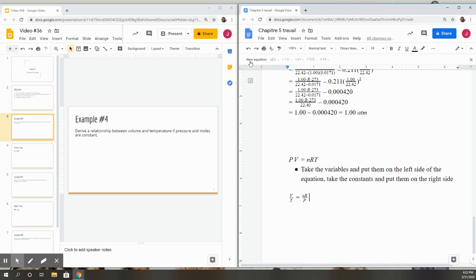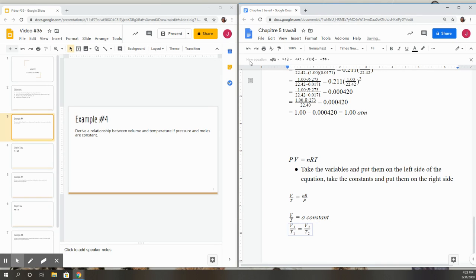Then from here, I could just say that my left side of the equation is equal to a constant. Or the way that is most useful, because we can apply it to calculations, is that V1 over T1 is equal to V2 over T2.